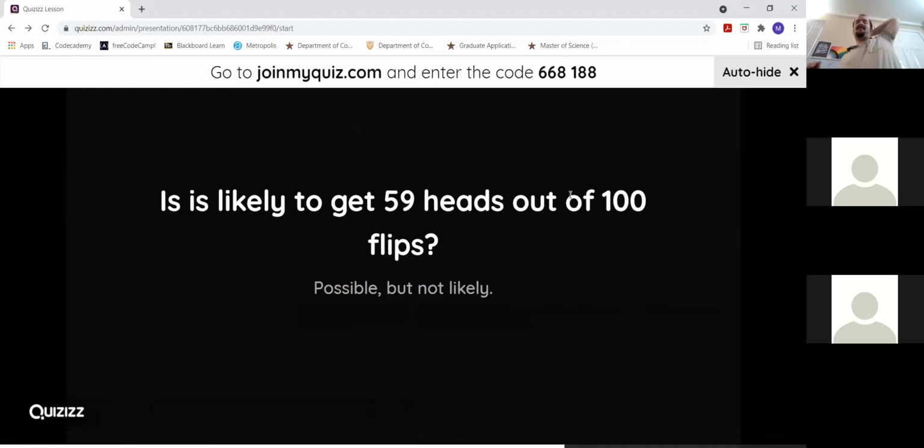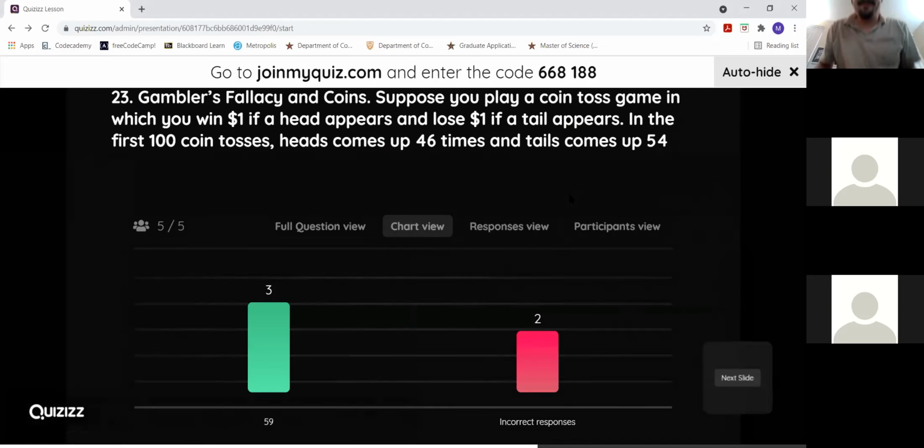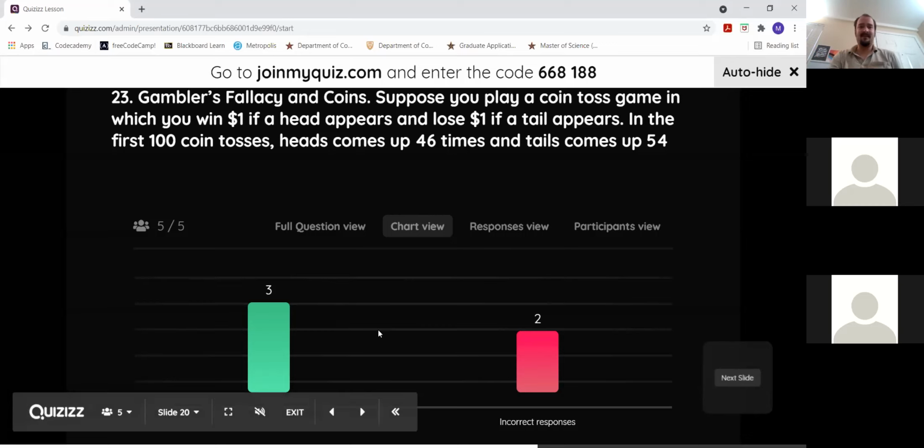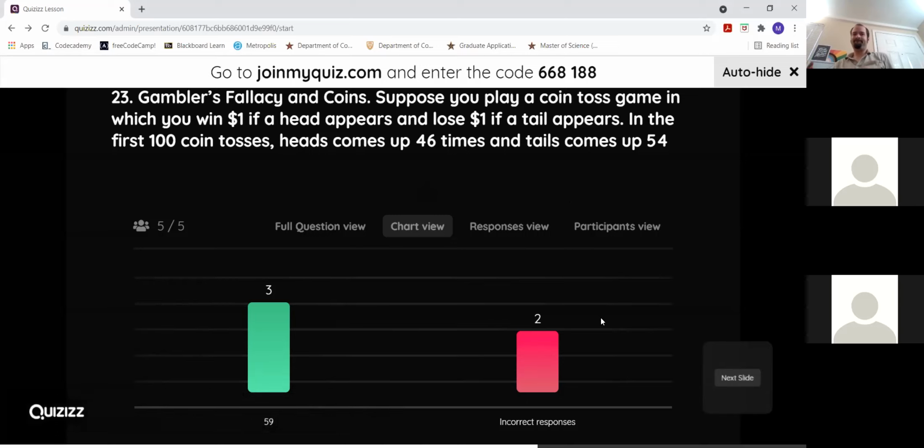So they ask, is it likely? The book says it's, well, I should ask y'all. Is it likely? Idealistically, probability-wise, if it's an equal coin and it did things precisely even, it would be 50 at most. And so you're betting on something that's even higher than the average, right? You're probably not going to get more than 50.